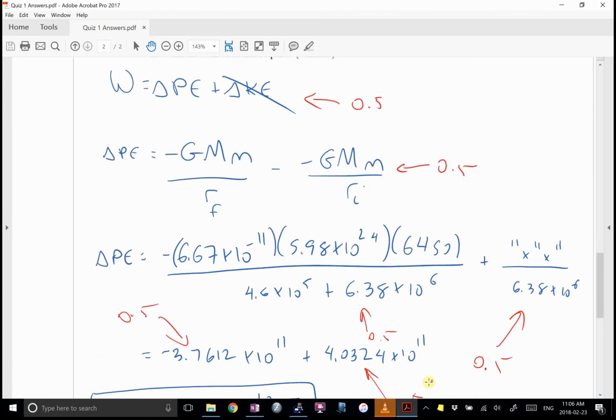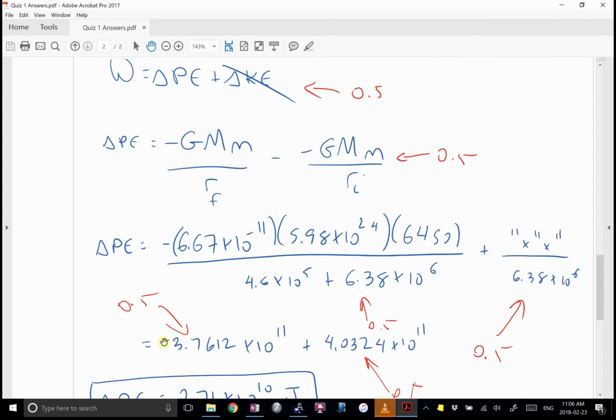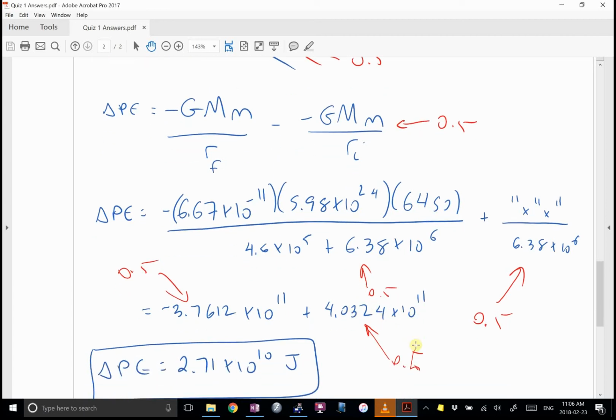So I typed that first fraction, and I got negative 3.7612 times 10 to the 11th. I backspaced, deleted, did this second fraction. I got 4.0324 times 10 to the 11th, and ended up with positive 2.71 times 10 to the 10th. Or the 11th? Is it to the 10th? Okay, yeah, it's 10th.